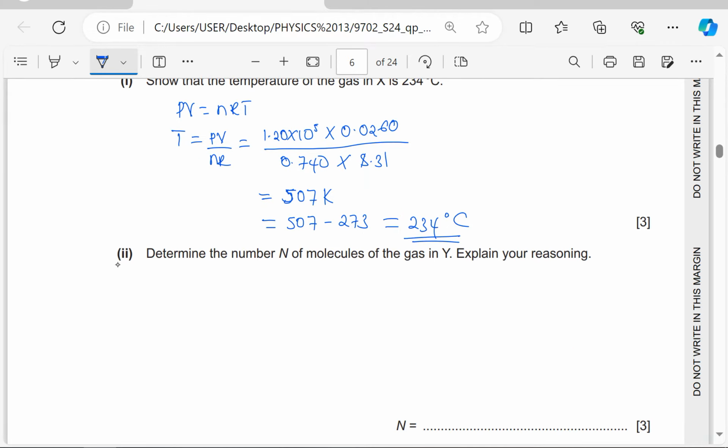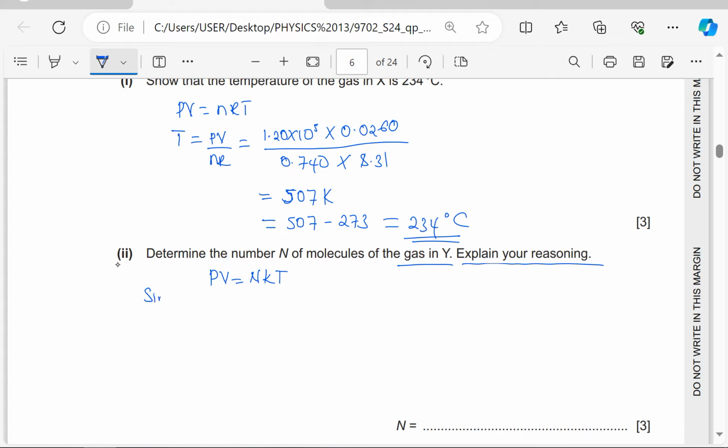Then determine the number n of moles of molecules of the gas in Y. Number of molecules. So remember PV is equal to nRT, but also PV is equal to nKT. The examiner said explain your reasoning. So, and we want the number of molecules. So since the sample is in equilibrium, the temperature is going to be the same.